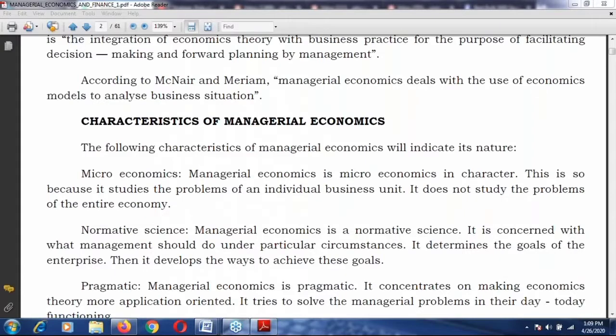Then profit maximization. Each and every enterprise needs to be expecting profit. And it is the profit which provides the chief measure of the success of the enterprise.